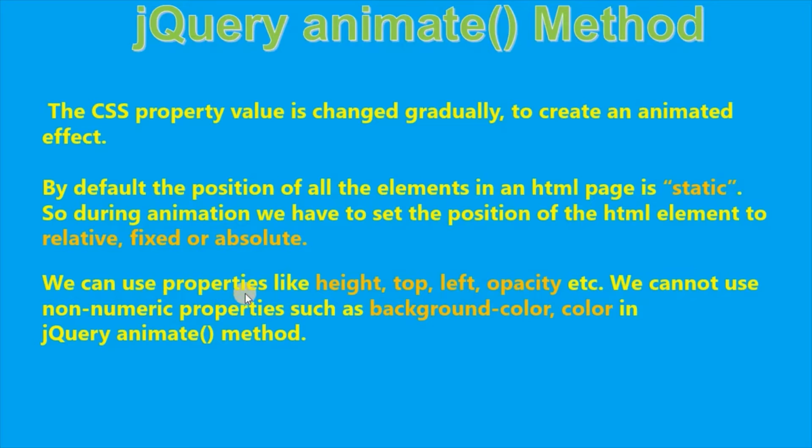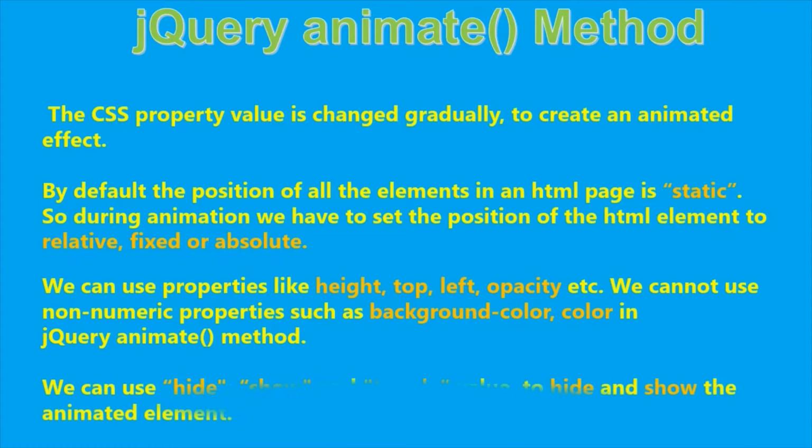We can use properties like height, top, left, opacity, etc. We cannot use non-numeric properties such as background color in jQuery animate method. We can use hide, show, and toggle value to hide and show the animated element.